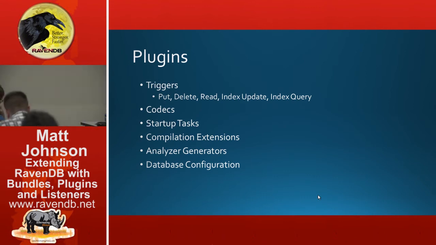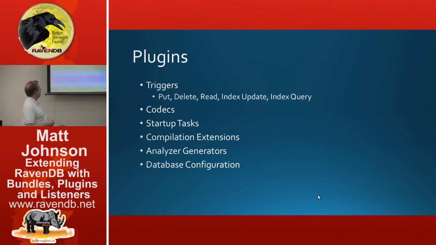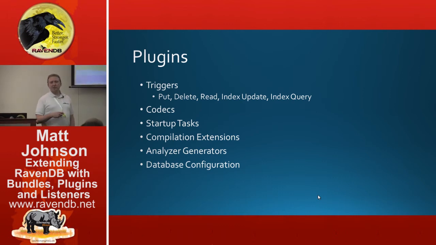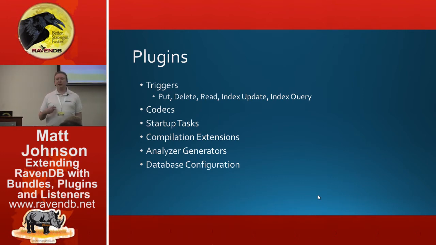Exactly. So there are a couple more to mention. Analyzer generators are an interesting one that I haven't spent a whole lot of time with, but the general idea is that if you're writing your own Lucene analyzers, this is an easy way to get them into Raven. And then database configuration: you may find it easier to deploy an assembly that modifies the Raven configuration settings so that you're not relying on config files or some other process.